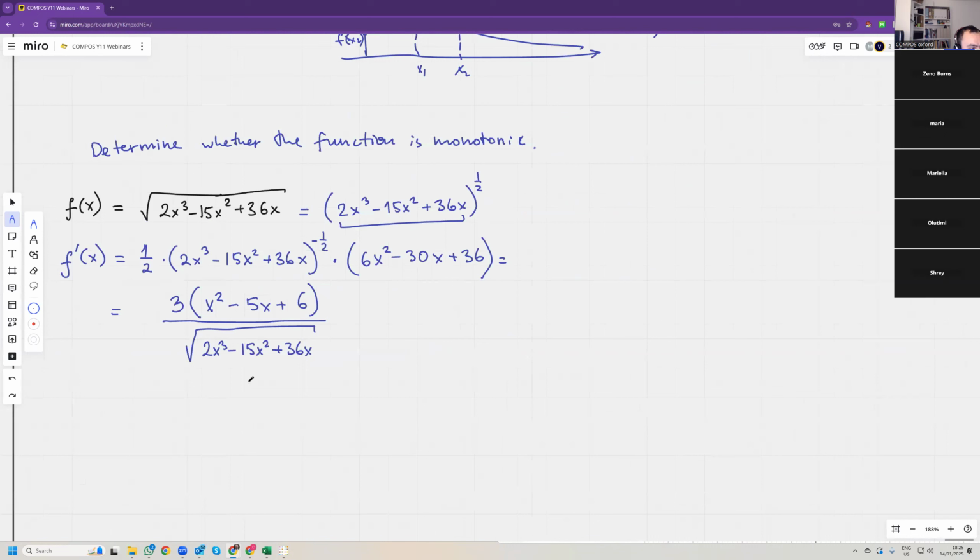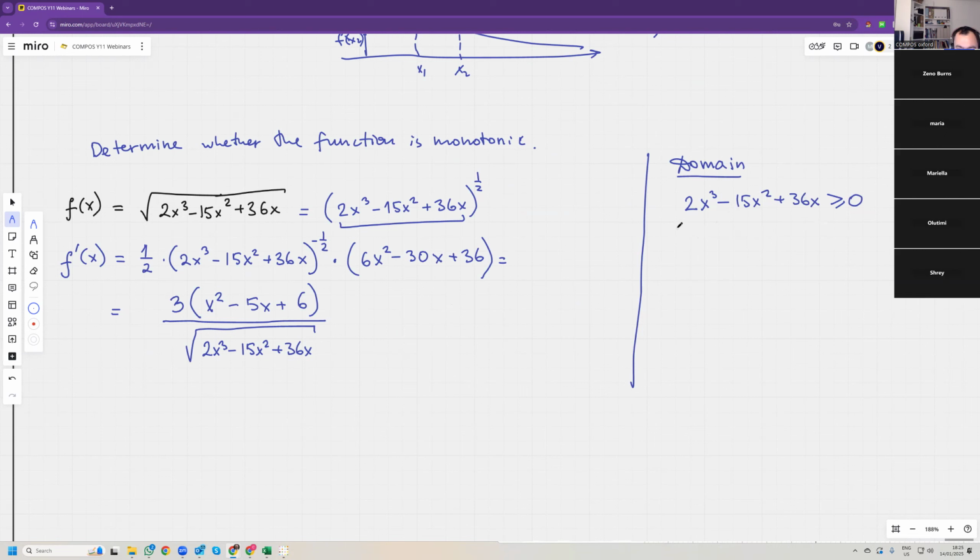I'm afraid we might just need to find the domain. Okay, to find the domain, we say, okay, what are the limitations? Well, we can't have a square root of a negative number. So to find the domain, we have to say 2x cubed minus 15x squared plus 36x must be greater or equal to 0.